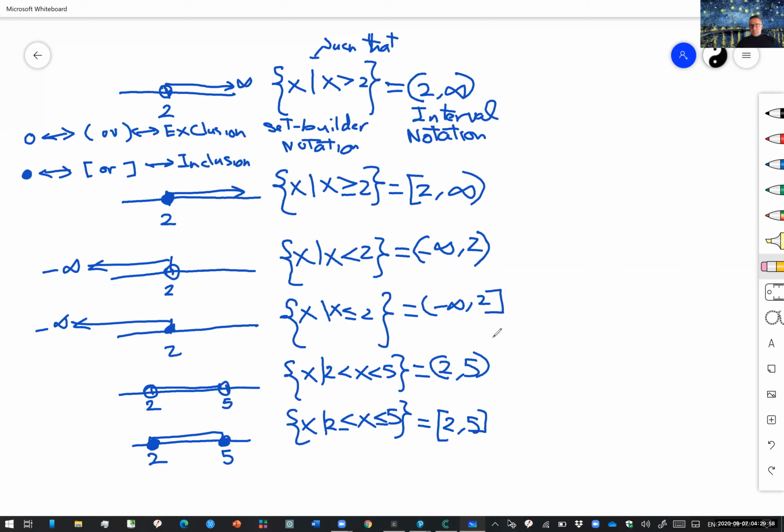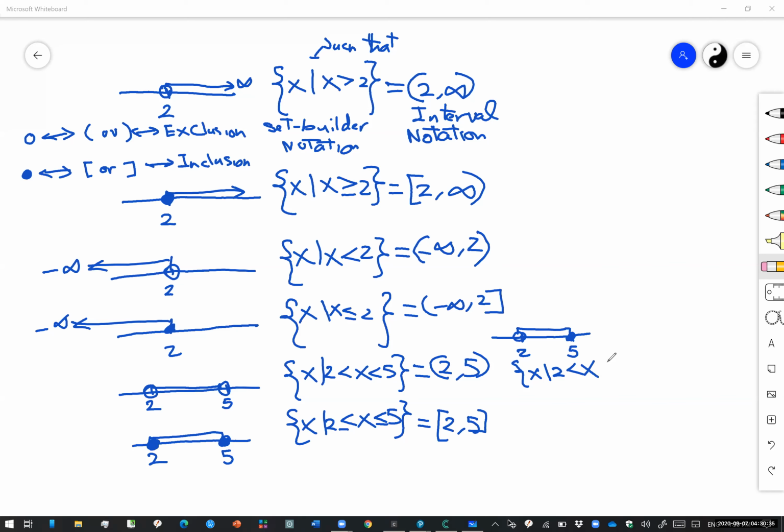All right, so this time I don't want to include the 2, but I want to include the 5, right? So what's the set builder notation going to be? All x such that what? 2 less than x, right?